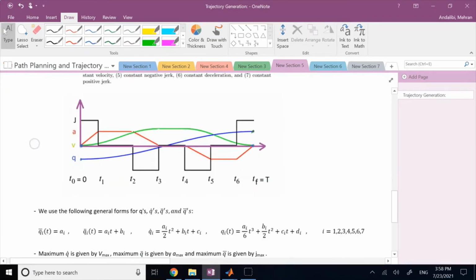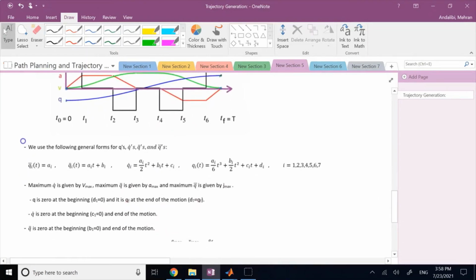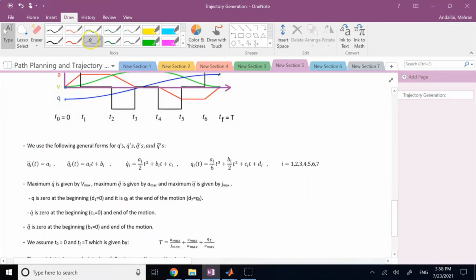Okay, and here I'm going to show you a formulation for that as well, which I derived. So what I will do here is I assume a general cubic form for the joint variable, which means a quadratic form for the joint velocity, which means a linear form for joint acceleration, and which means a constant number for the jerk.